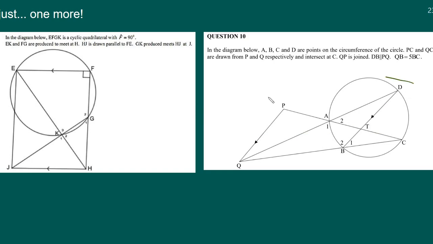This one is what was asked in Gauteng. When you're looking at question 10, which angles can you identify?